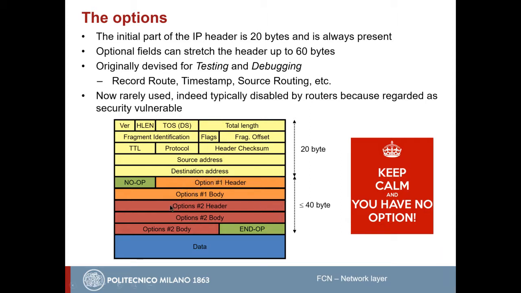These option fields can have different formats according to the specific field. There are some fields that are shorter than 32 bits. So in this case, you have to insert these green boxes, which are basically padding, in order to make the total length of the header always an integer multiple of 32 bit.